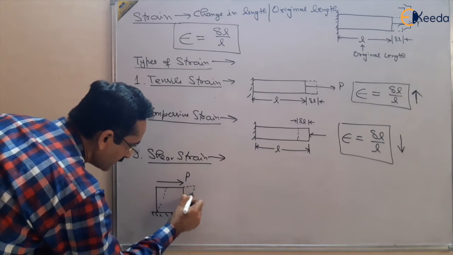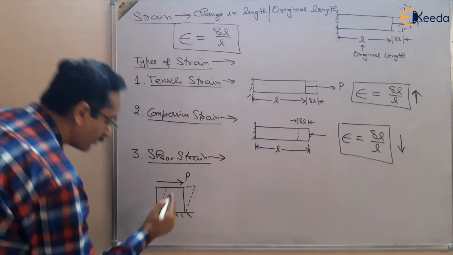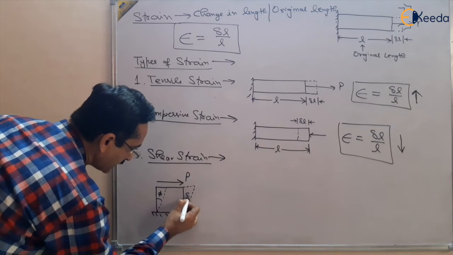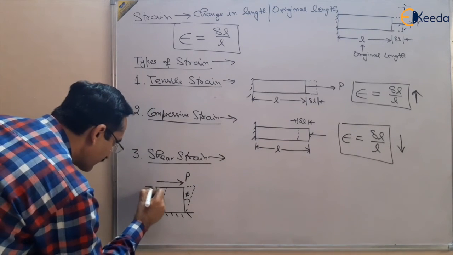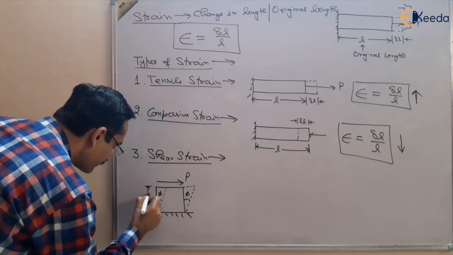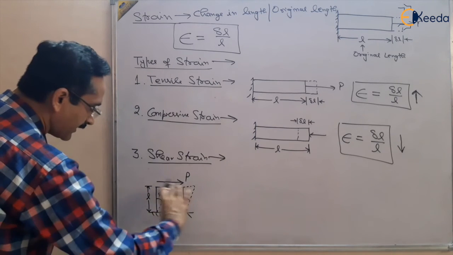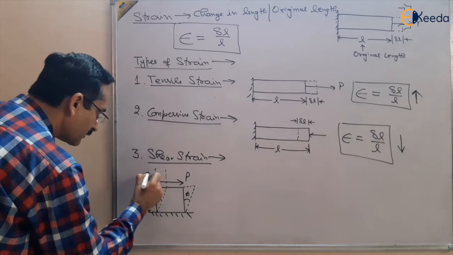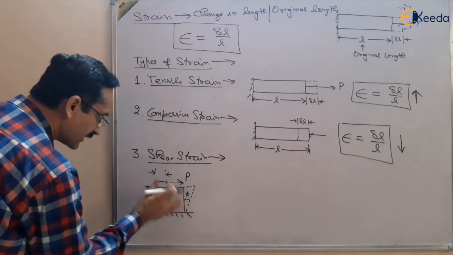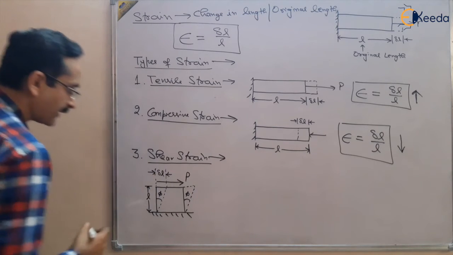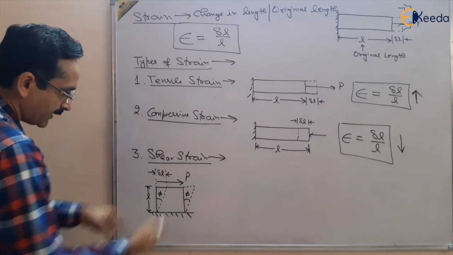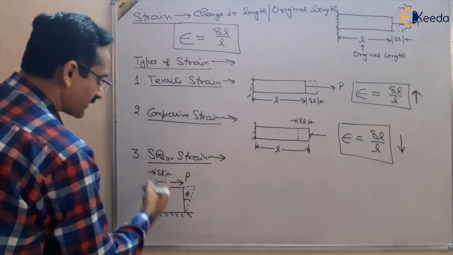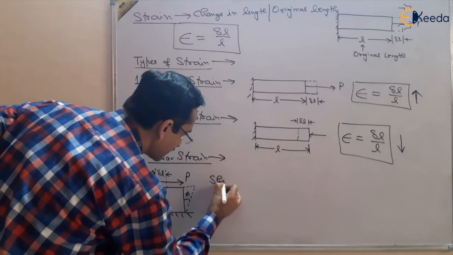Suppose after shear off it is making some angle, phi, at this point, and this was the original length L, and there is some change in length parallel to this area, delta L. Delta L is parallel to the area and the original length was this L. So shear strain, I am writing shear strain here.